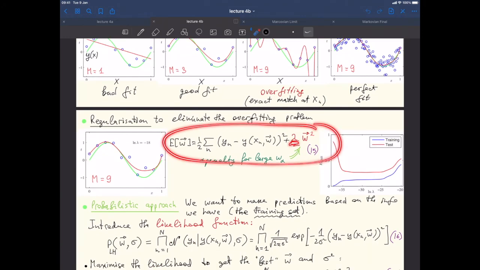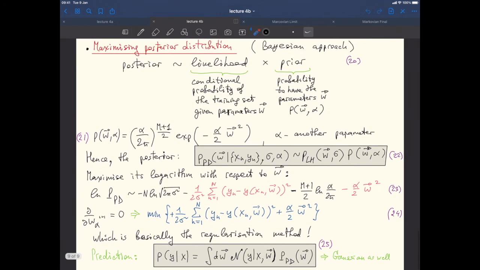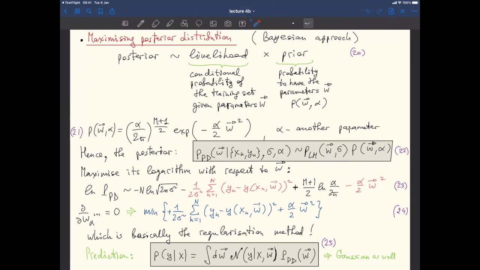And you see, lambda in the regularization method appears to be this alpha of the prior distribution. By choosing this alpha properly, we would be able to avoid the overfitting problem. So calculating the maximum of the posterior distribution is equivalent to using the regularization in the least square method. And the prior distribution in the posterior creates particular constraints for the parameters W here.